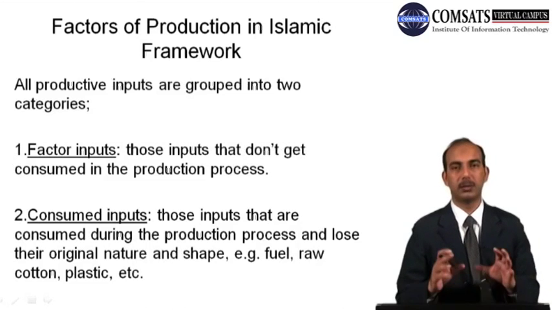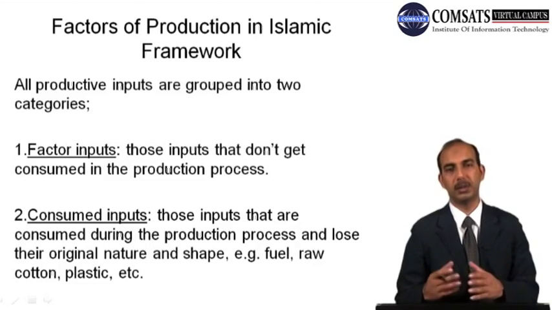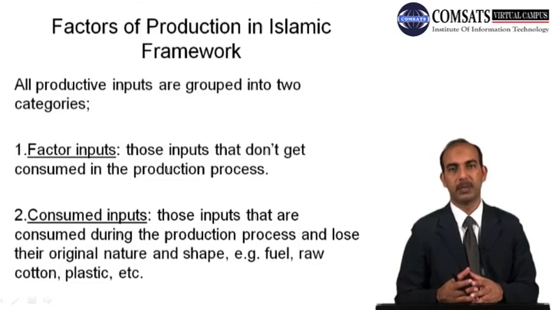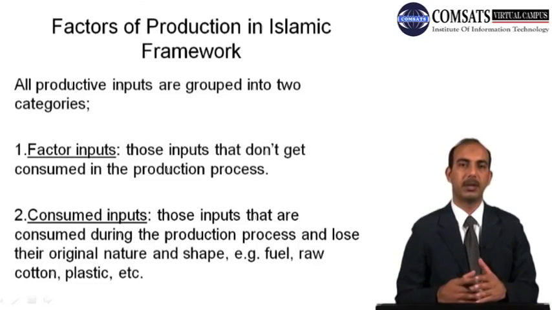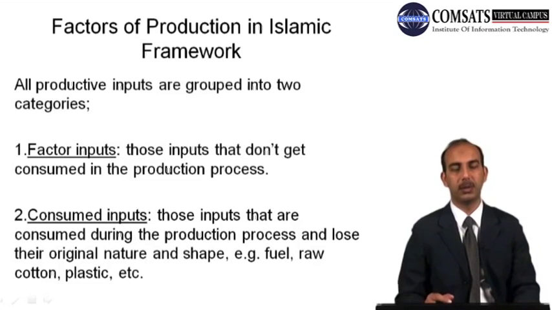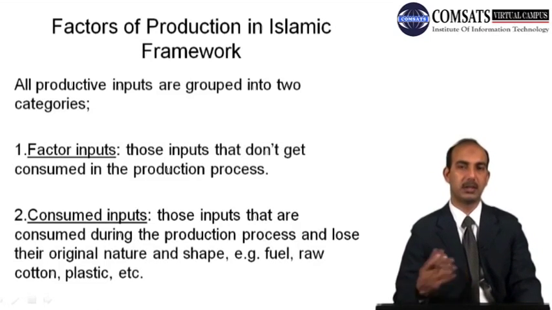And all those factors of production which are consumed in the process are not supposed to earn any rent or wages or ujrat. They are supposed to be consumed in the process, and they can't become a factor input; rather they are consumed inputs. For example, the fuel, the raw material, the plastics, which are consumed and which change their shape.